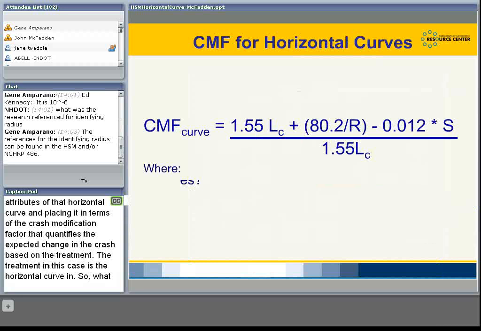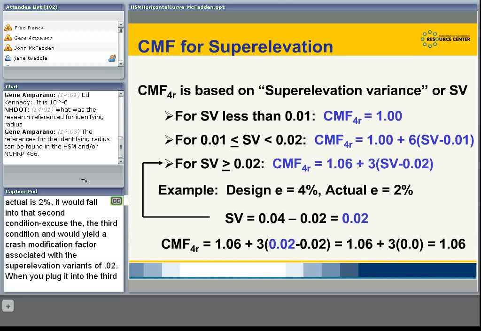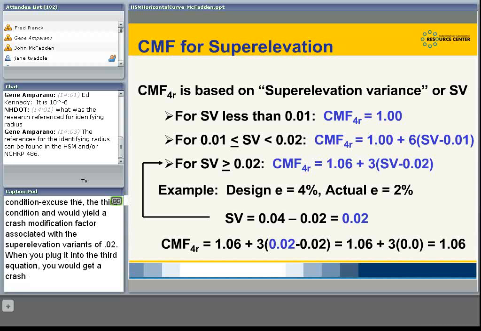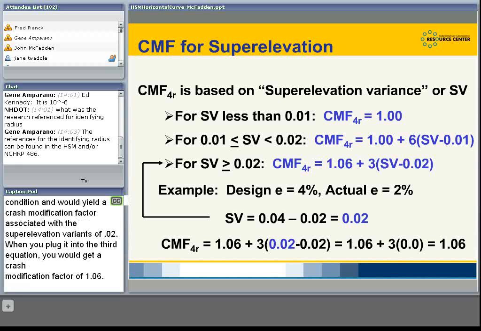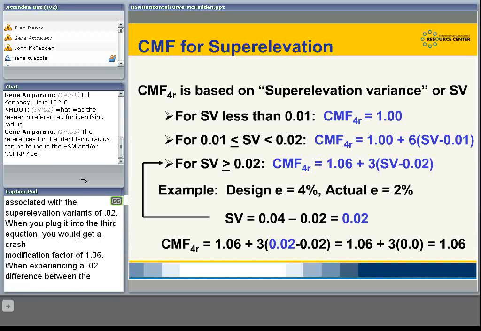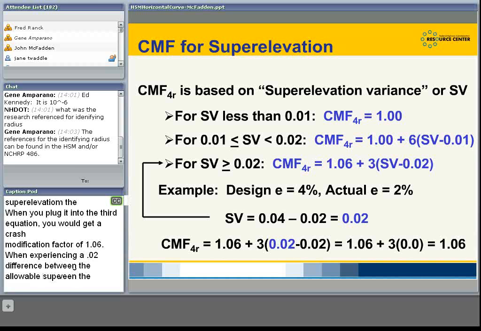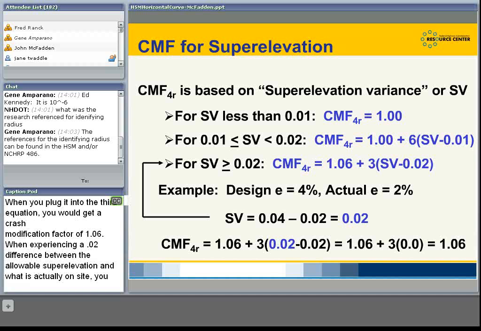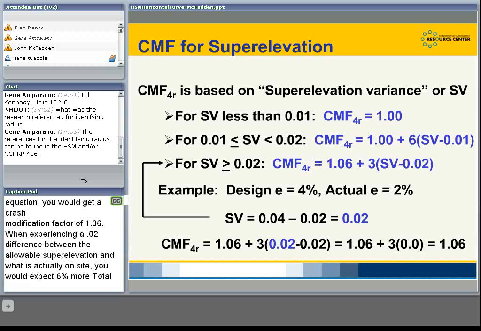So if we looked at an example where your design superelevation is 4% and your actual superelevation is 2%, you would fall into the third condition, with a superelevation variance of 0.02. When you plug it into that third equation, you would get a crash modification factor of 1.06.